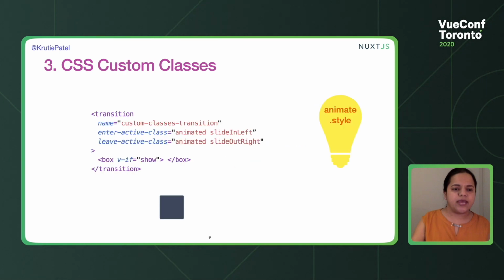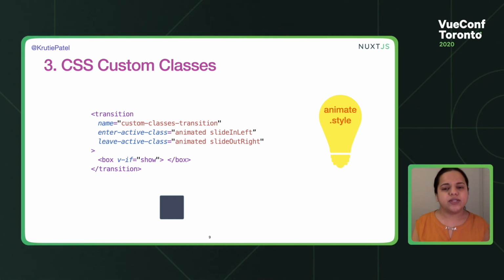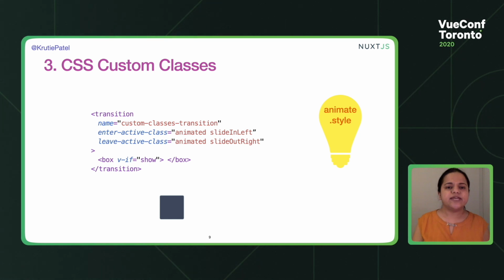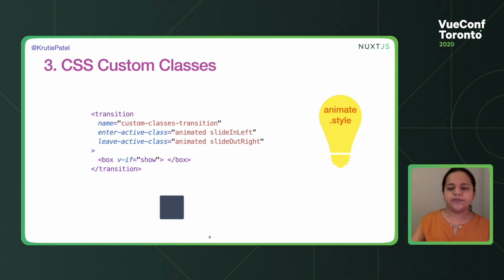The third option we have is to combine Vue's transition system with external CSS animation library, for example animate.style, and we can access animate.style classes directly in our transition component, like we have in this example. Slide in left and slide out right, they belong to the animate.style library.